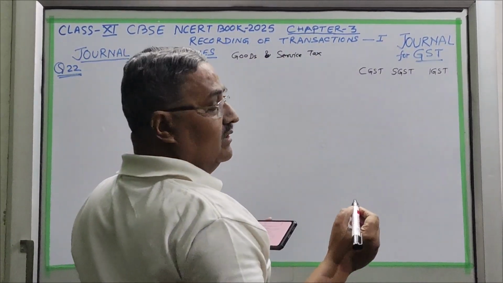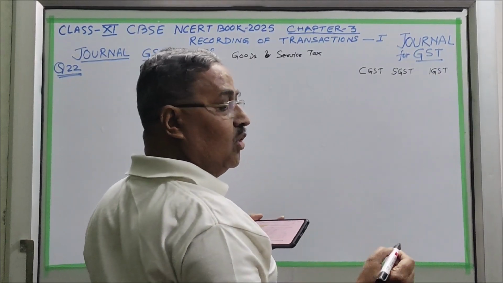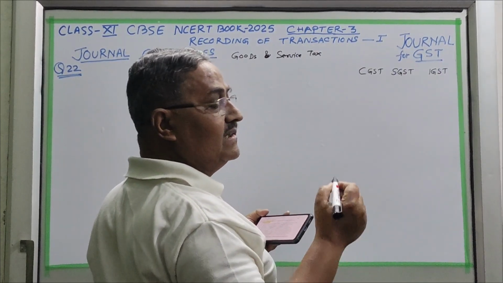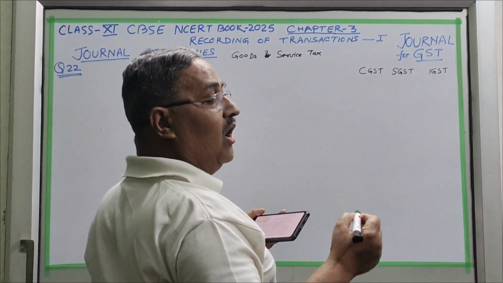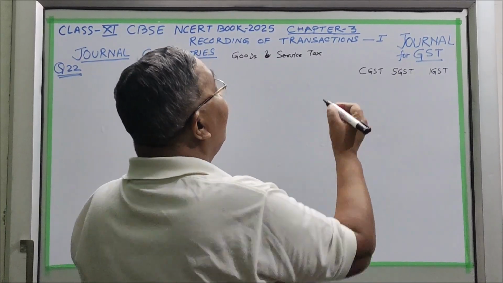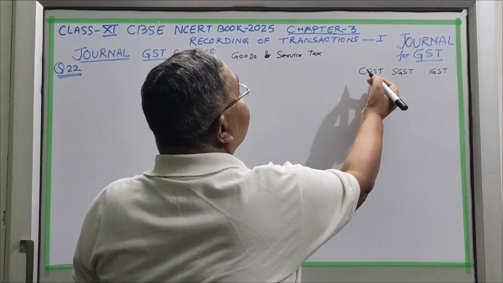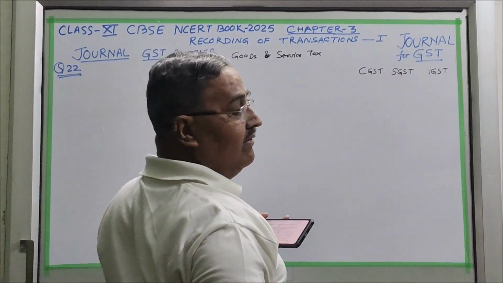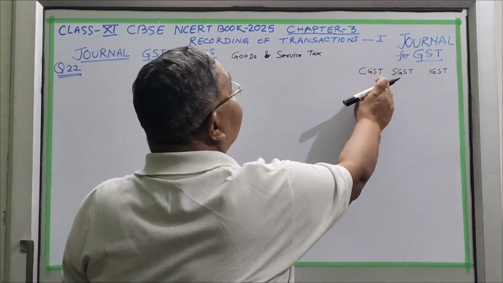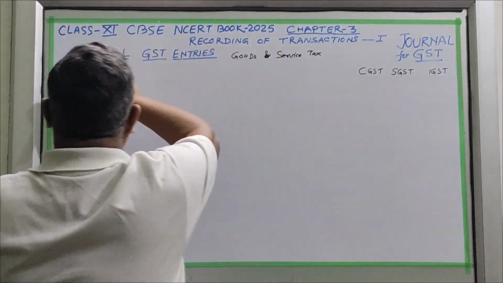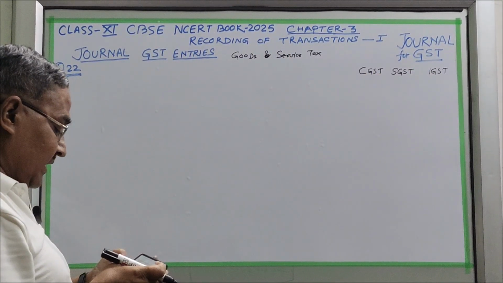So when any goods is sold or purchased, or any service is received or commission is received, anything, these entries are required. So this also we will discuss in our question number 22.